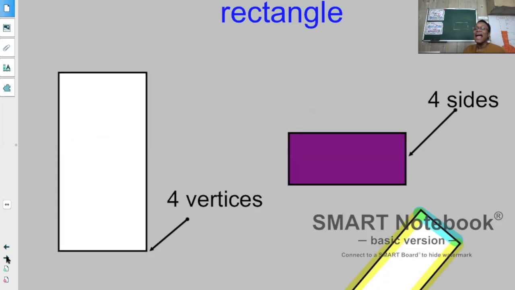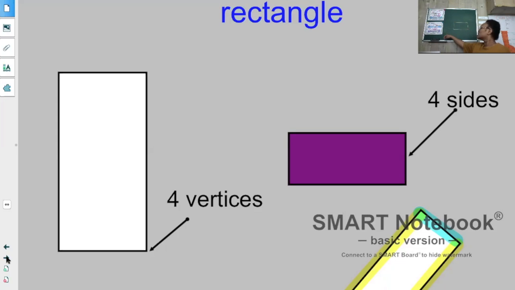My rectangle has 4 sides, just like a square. Okay, now let's count the number of vertices or corners. Let's count together. 1, 2, 3, 4. My rectangle has 4 corners and 4 sides.